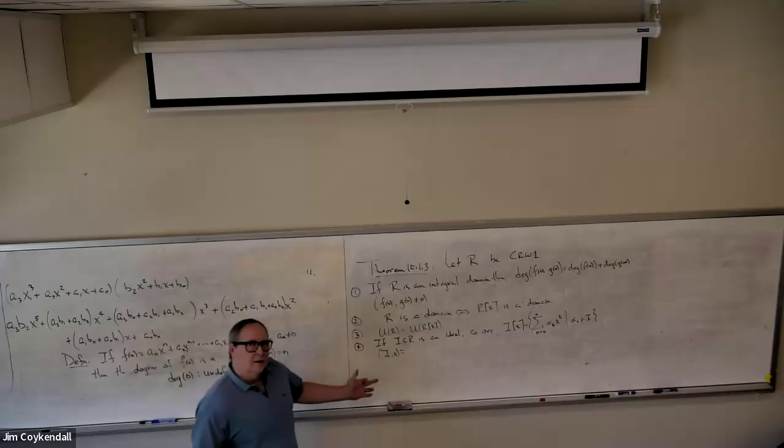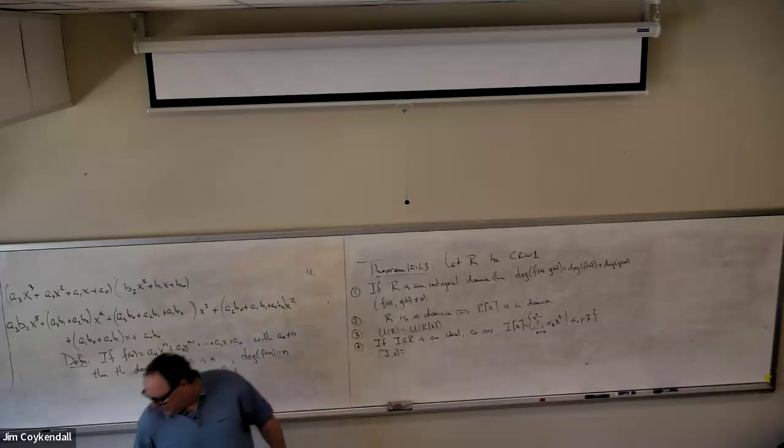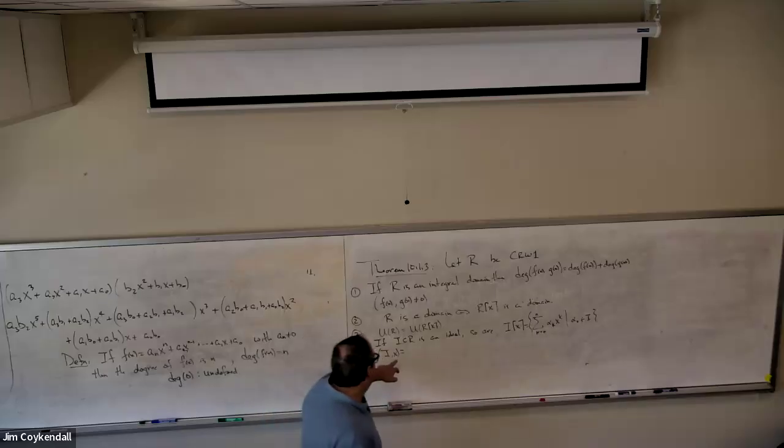This is the smallest ideal of the polynomial ring that contains all of I and additionally contains x. So it contains a lot.